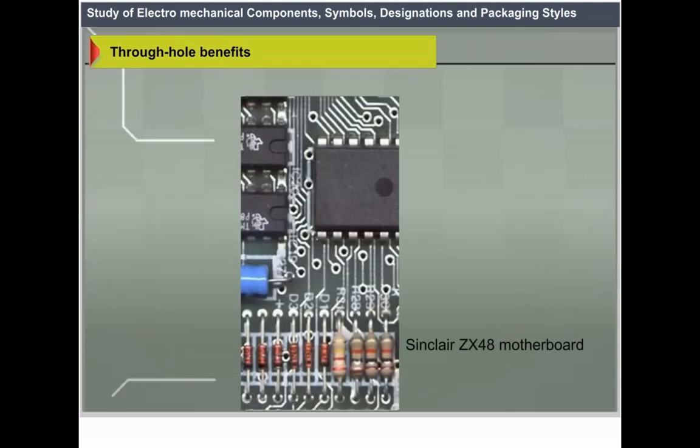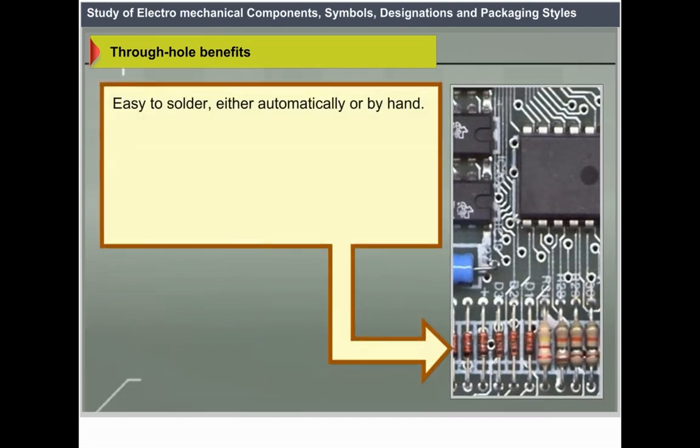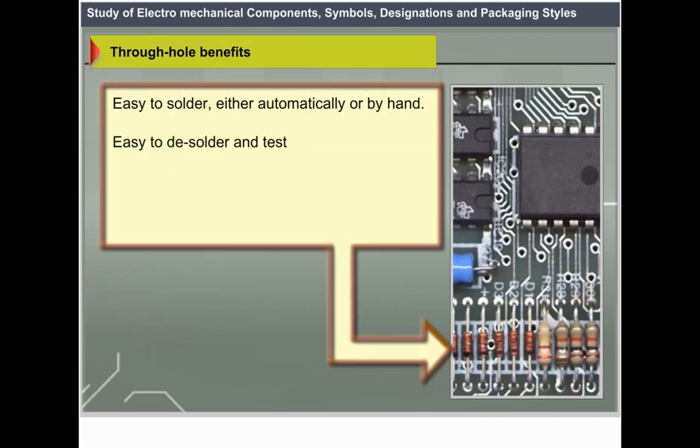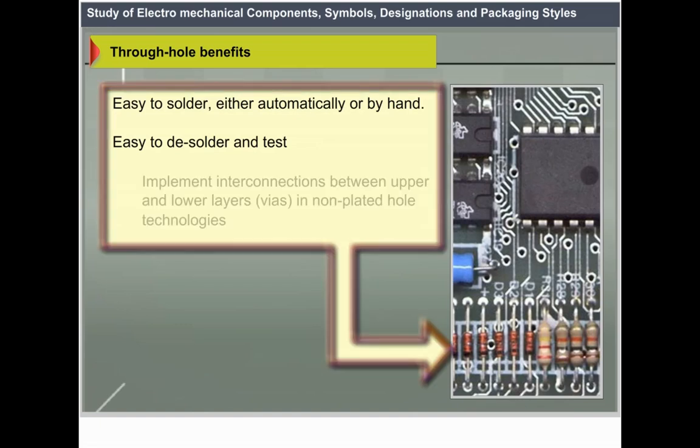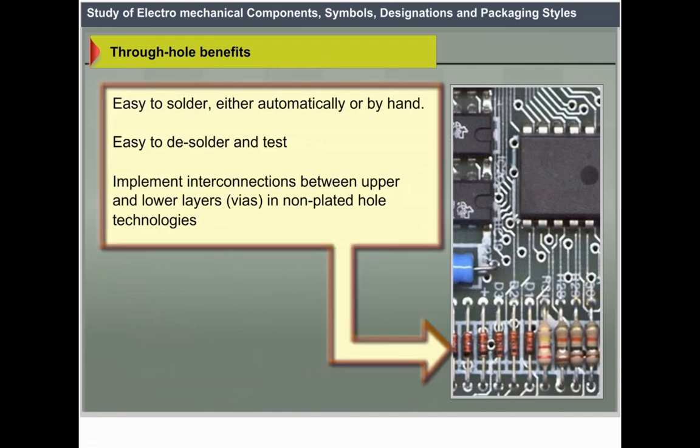Sinclair ZX48 motherboard is shown in the figure. Easy to solder either automatically or by hand. Easy to desolder and test. Implement interconnections between upper and lower layers with vias in non-plated hole technologies.